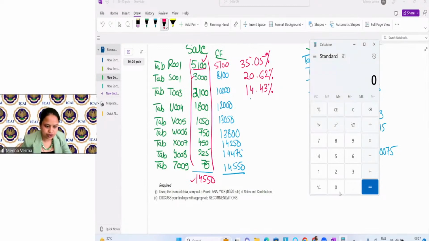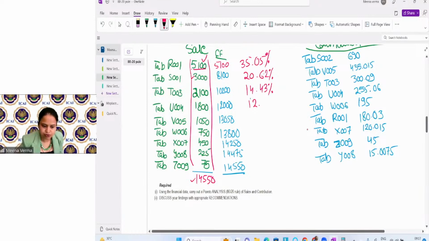Then 1800 divided by 14550. This is coming as 12.37%.